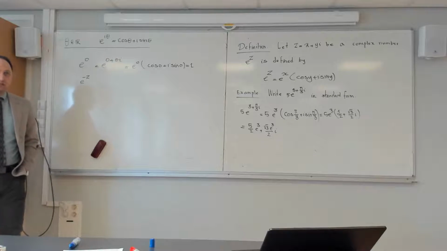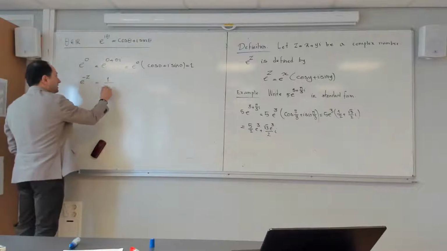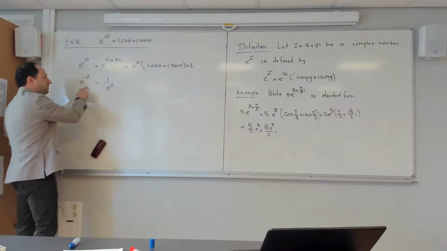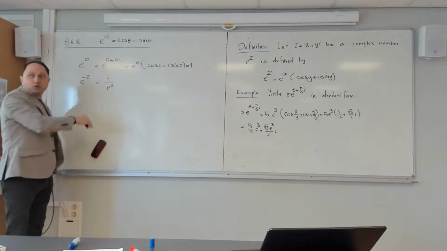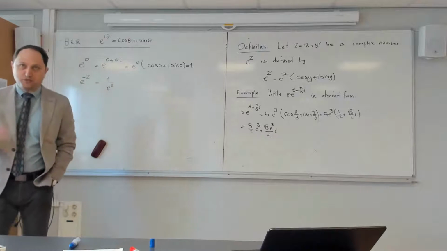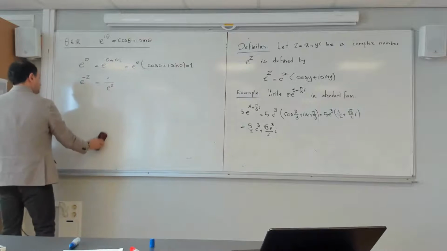It should be 1 over e to the power of z. So this is what we expect, but it is not guaranteed, because we cannot say that because we knew this formula for real numbers, we also know it for complex numbers. I just want you to understand that every step we are taking, we have to demonstrate it, okay?